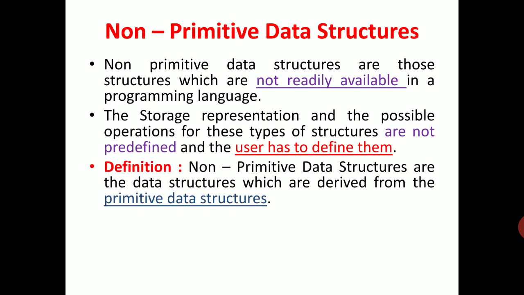We'll see the definition of non-primitive data structures. The definition is: non-primitive data structures are the data structures which are derived from the primitive data structures. That means while creating non-primitive data structures, we are using primitive data structures: integer, float, double, character.